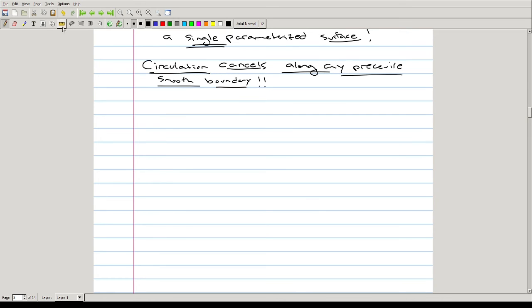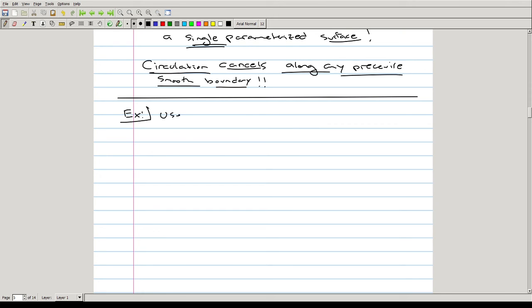And I'm not going to go through the details of that, but I will show this at least for an example. Consider you want to figure out the flux along one of the kind of piecewise smooth shapes that I talked about before.